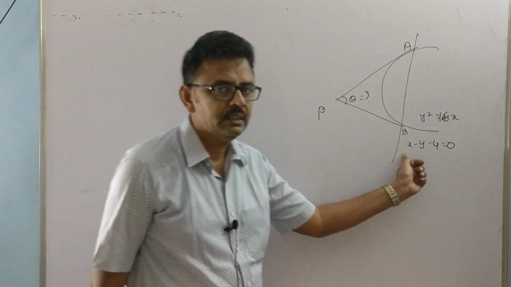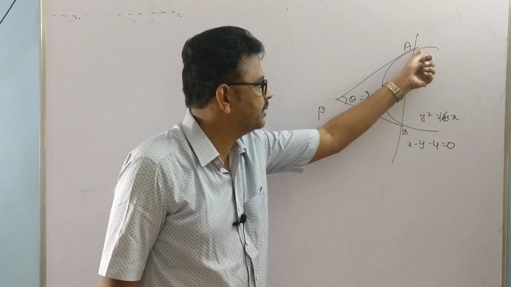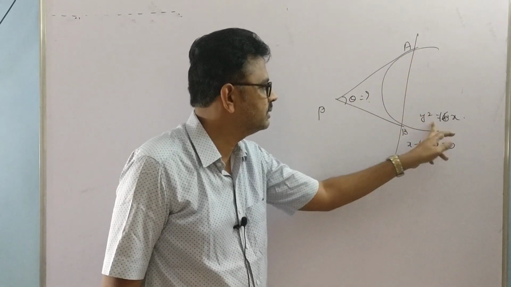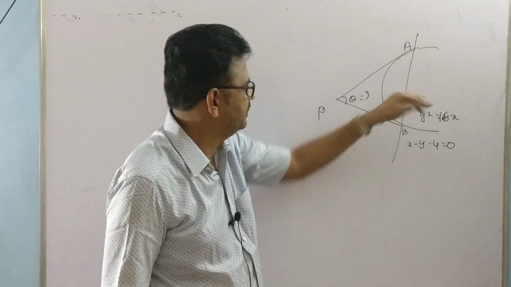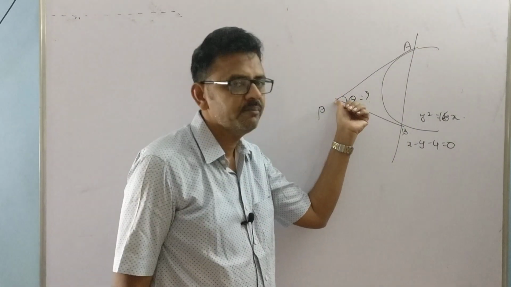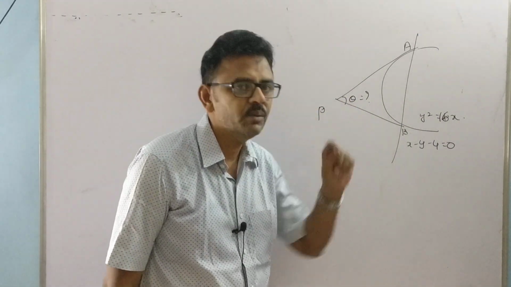The line x minus y minus 4 equal to 0 cuts the parabola y square is equal to 16x at A and B. Tangents at A and B intersect at the point P. Then the angle between the tangents at the point P is? This is the question.